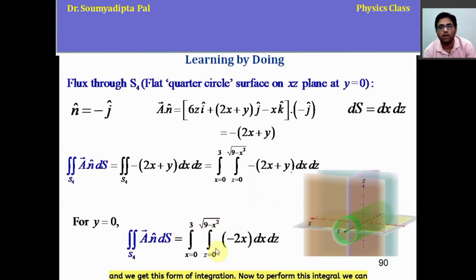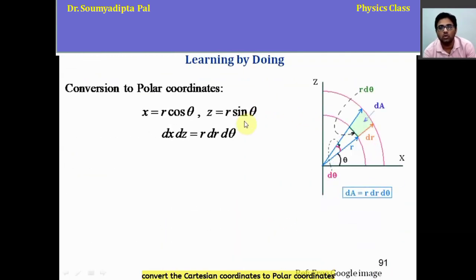Now to perform this integral, we can convert the Cartesian coordinates to polar coordinates, because then the integration can be easily solved. Okay. Now the relation between Cartesian coordinates and polar coordinates is like this: x equal to r cos theta and z equals to r sin theta.